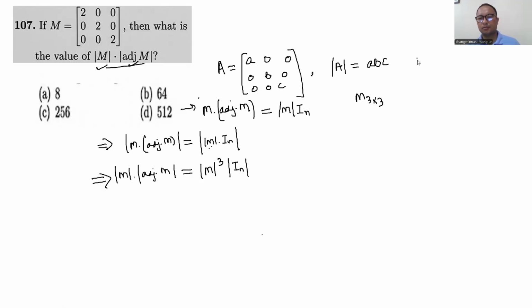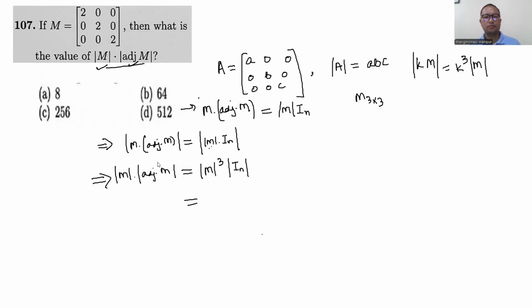For a constant k, the determinant of kI is k to the power 3.